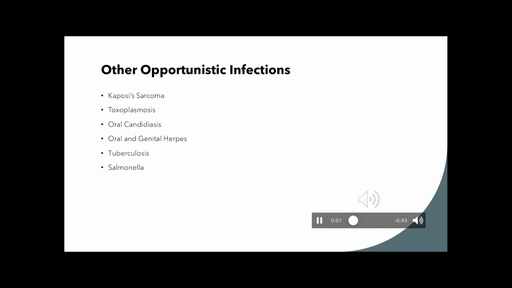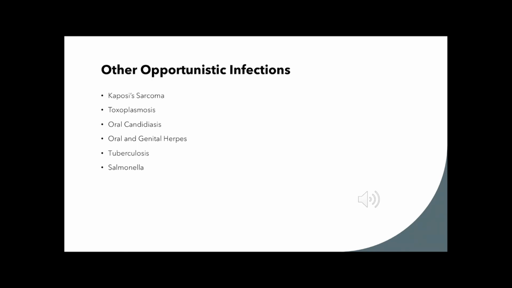There are some other common opportunistic infections that we see associated with end-stage HIV. That includes Kaposi sarcoma, which is a skin malignancy that is commonly seen in individuals that are severely immunosuppressed. There's toxoplasmosis, oral candidiasis, also known as oral thrush, oral and genital herpes.